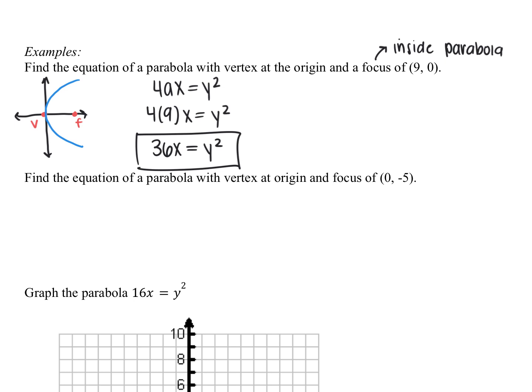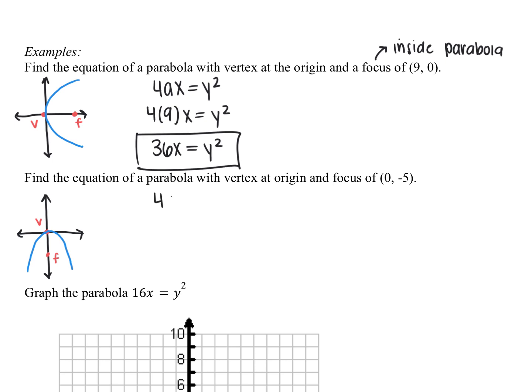Our second example says find the equation of a parabola with a vertex at the origin and a focus of 0, -5. So again, if I were to use my little graph here, my vertex is at 0, 0. My focus is at 0, -5. So in order to contain my focus, it has to open down. So this means it opens along the y-axis.